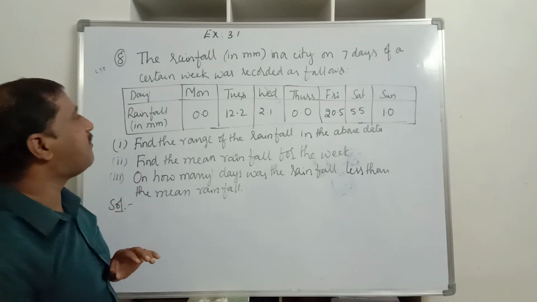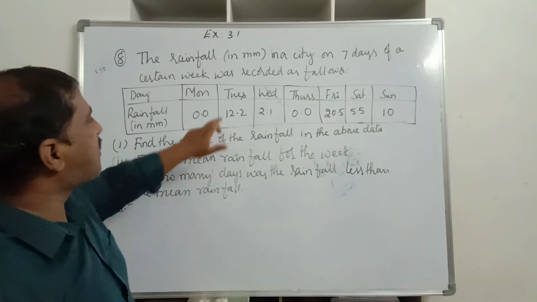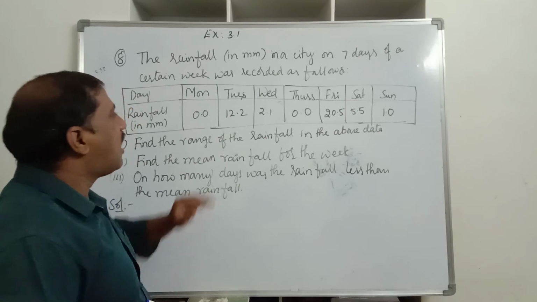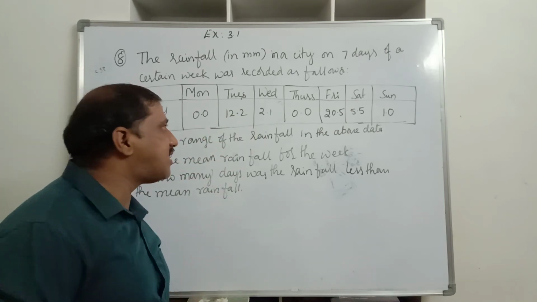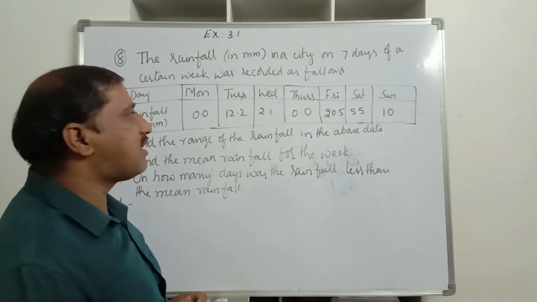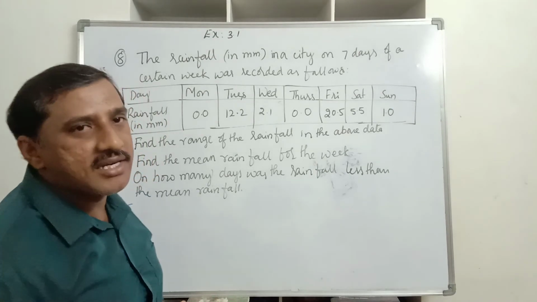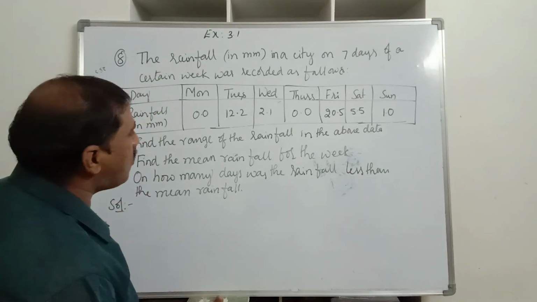Monday 0.0 mm. Tuesday 12.2. Wednesday 2.1. Thursday 0.0. Friday 20.5. Saturday 5.5. Sunday 1.0 mm. Find the range of the rainfall in the above data.